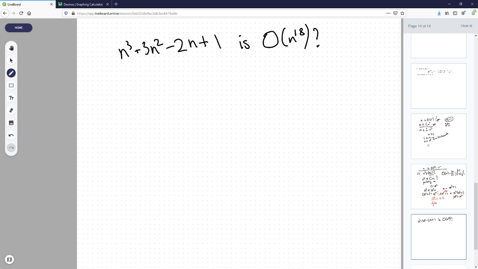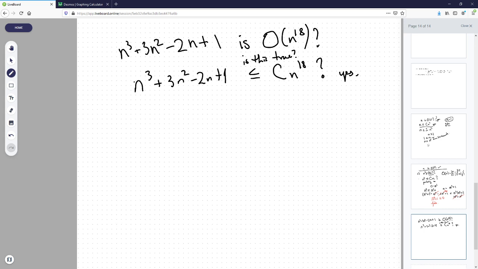You would say, okay, n cubed plus 3n squared minus 2n plus 1 is less than or equal to some constant times n to the 18th power. And so is that true? And the answer that we're going to come to is yes.